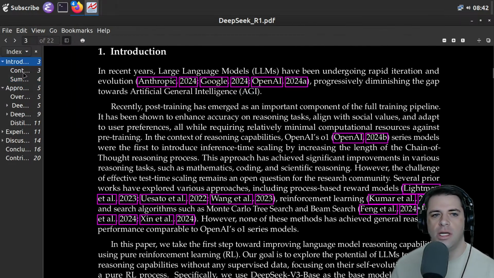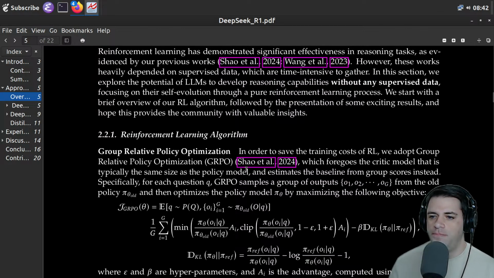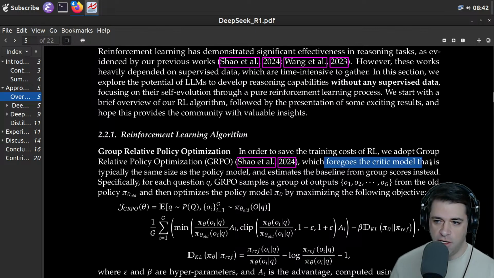But basically, it seems like they are sampling a policy. It forgoes the critic model. I assume the critic model is taking an actor-critic approach. My understanding was that the use of actor-critic was not generally thought to be good for this application.